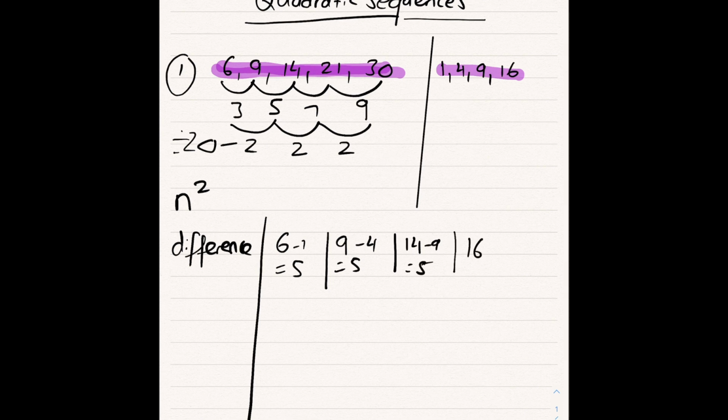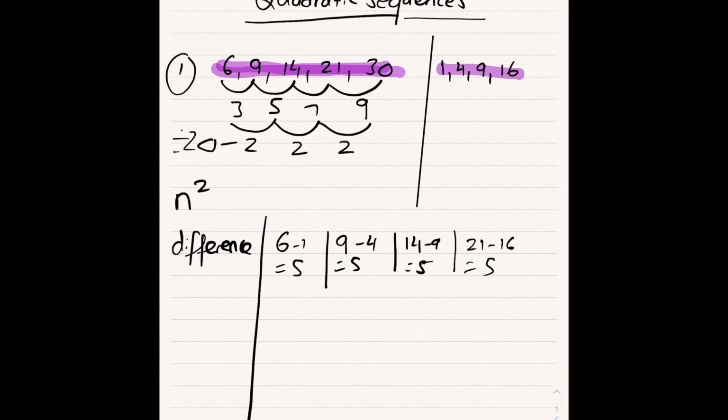And 21 take away 16, which is 5. Now we have a constant. As you can see, we have 5 as a common difference. Therefore, the nth term must be n squared plus 5.